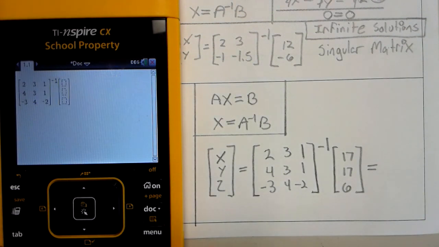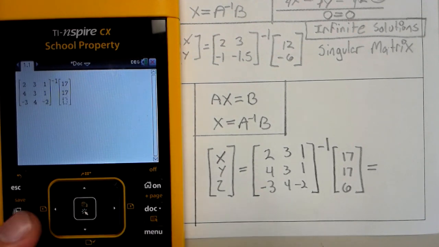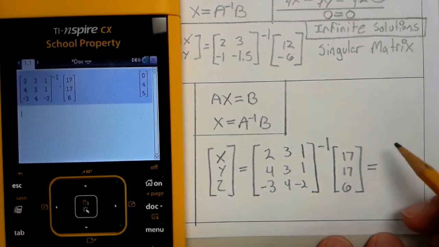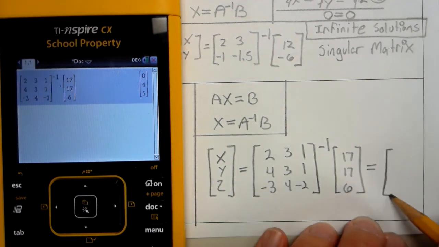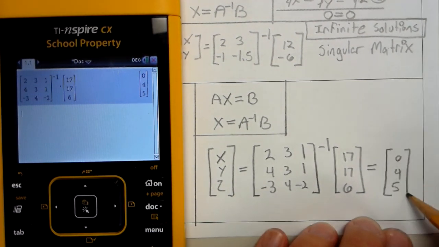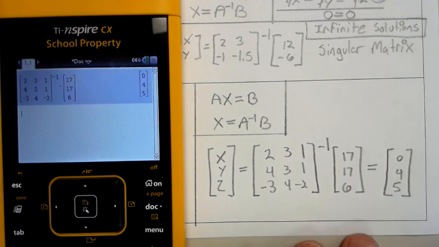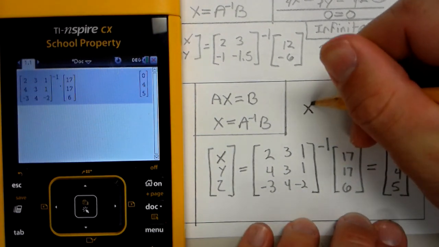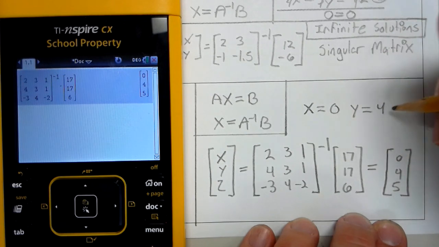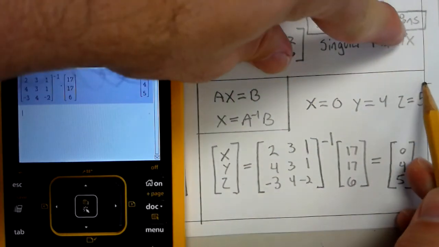Press enter. 17, 17, 6. And that equals 0, 4, 5. Okay, so you've got to remember to write your answer. So x equals 0, y equals 4, and z equals 5.